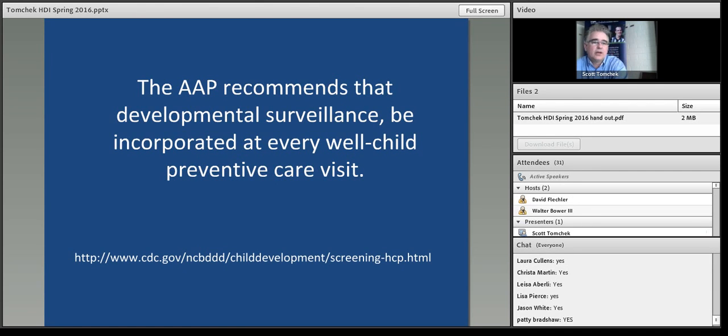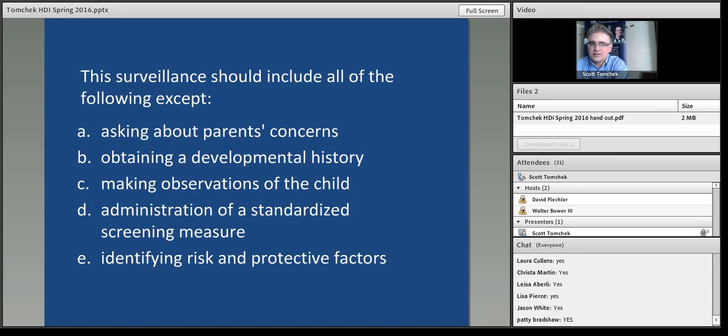Surveillance really encourages healthcare professionals to ask parents about their concerns, obtain a developmental history, make some observations of the child during that visit, and then also identify what risk factors can impact the story, the narrative you're hearing from the family, and if there are protective factors in place. So identifying all of those factors is a key part of routine surveillance.